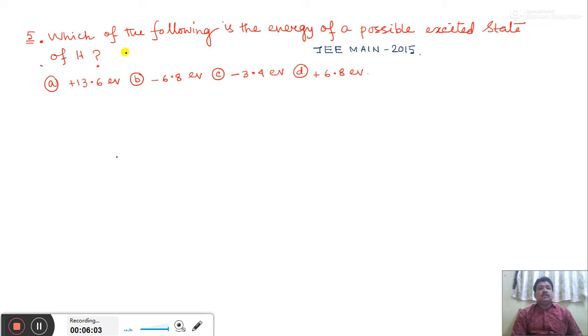My next question is: which of the following is the energy of a possible excited state of H atom? There are four options: plus 13.6, minus 6.8, minus 3.4 and plus 6.8. This question came in the JEE Main 2015 exam.